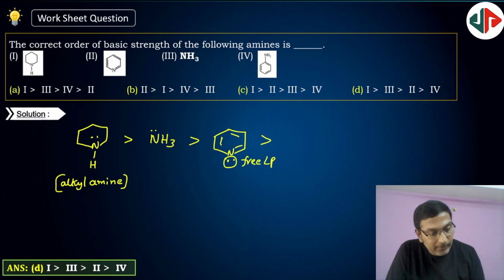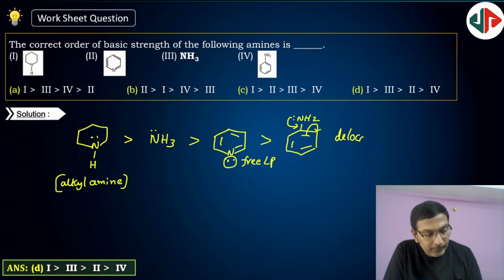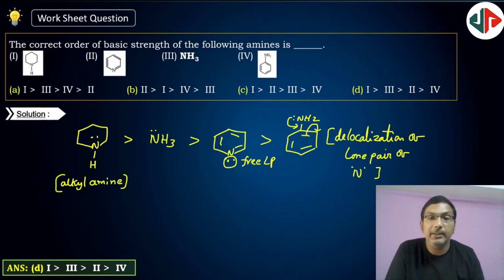Next, last one, here there is conjugation between lone pair of nitrogen and pi bond. So due to conjugation, basic strength decreases, that is delocalization of lone pair of nitrogen. So due to delocalization, basic strength decreases.